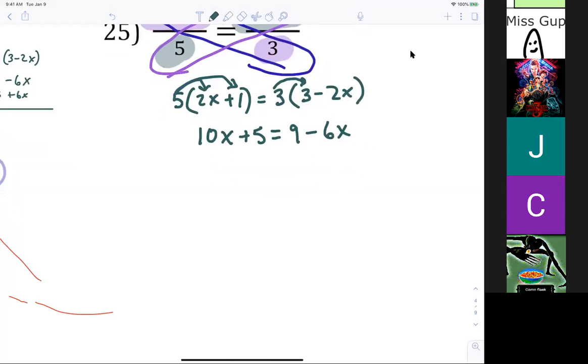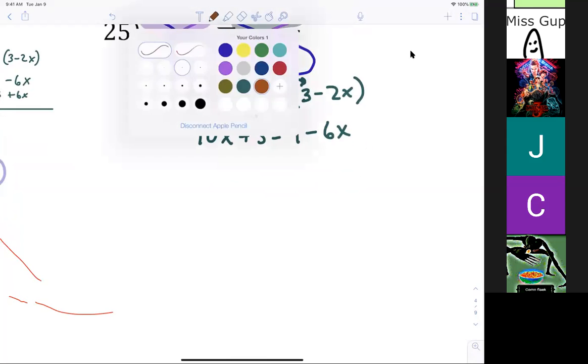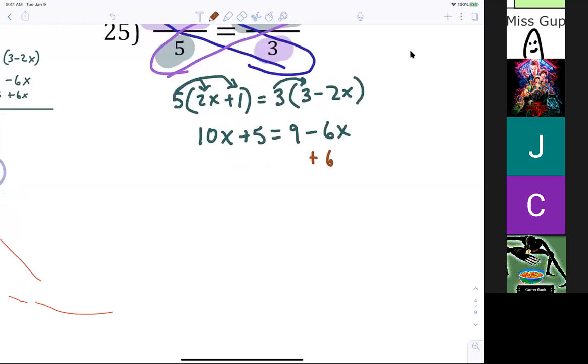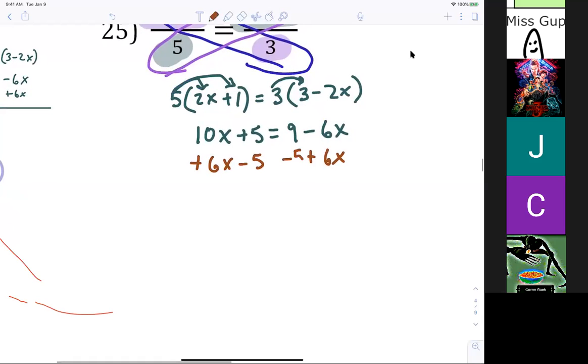Variables to the left, numbers to the right. So now I'm going to add 6x, add 6x, subtract 5, subtract 5.